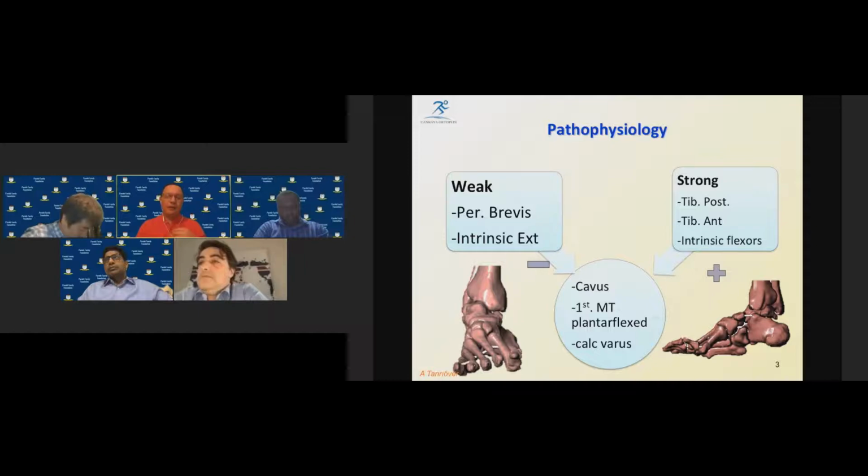I think for a neurologic patient, especially pediatric patients, which I operate on a lot, you have to assess tendons, muscles and neurologic compromise, truly understanding which is working, which is strong, which is weak, which is contracted a lot. You'll end up with a cavus deformity, which is possibly first metatarsal plantarflexion and calcaneal varus secondarily, probably.